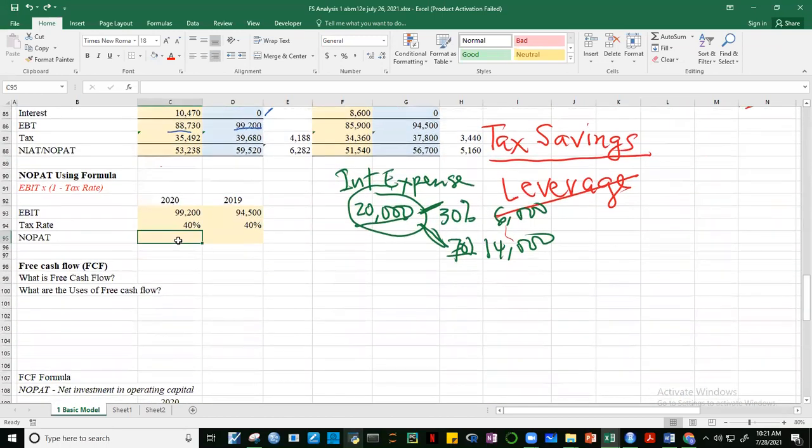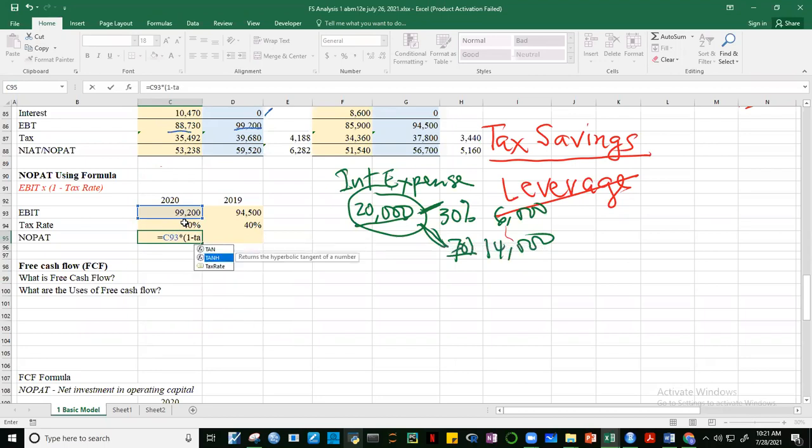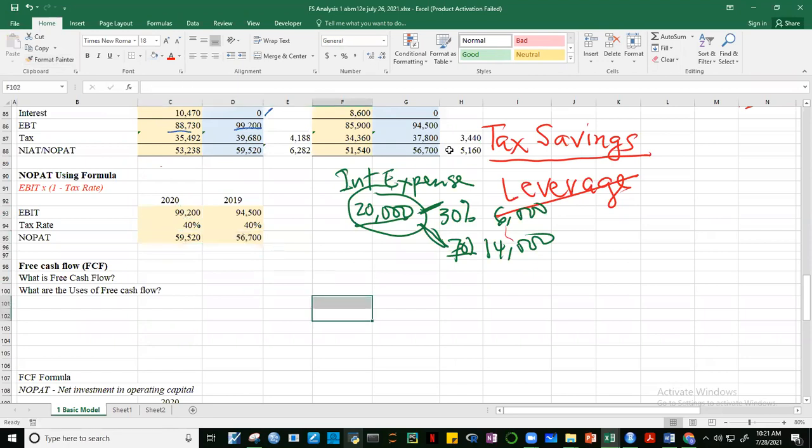So our NOPAT will now be equal to our EBIT multiplied by 1 minus our tax rate. Or kung gusto nyo guys, pwede rin 1 minus tax rate. Okay, we can do that. And as proven guys, NOPAT natin 59,520, NIAT natin 56,700.